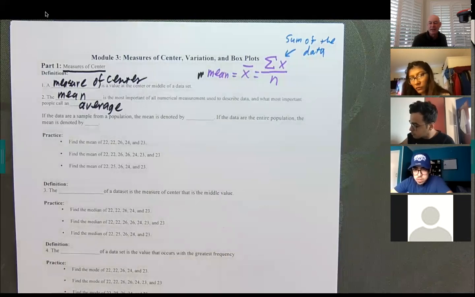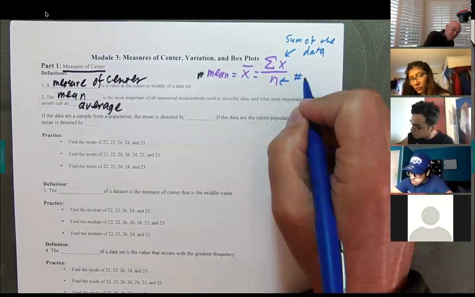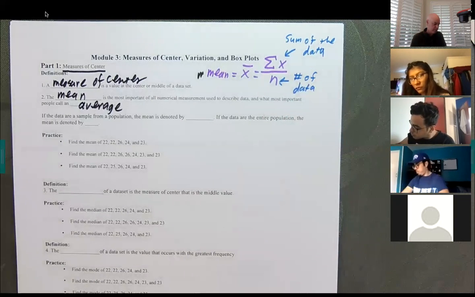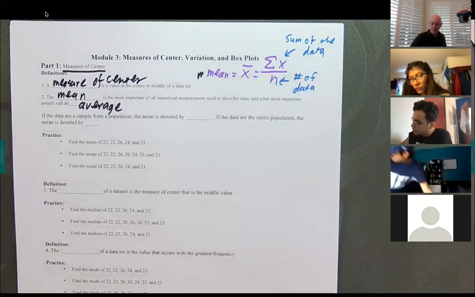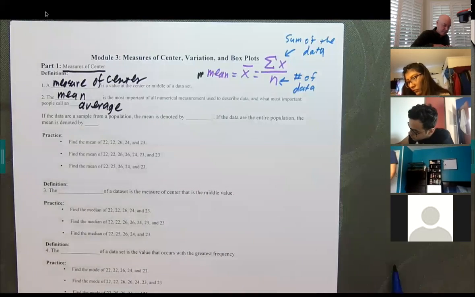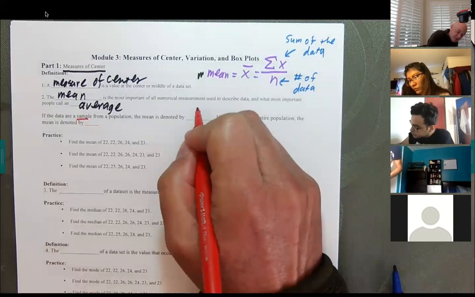It's a capital Greek letter S. And if it's a sample, we use the symbol X bar.